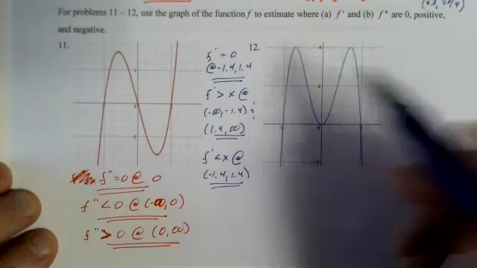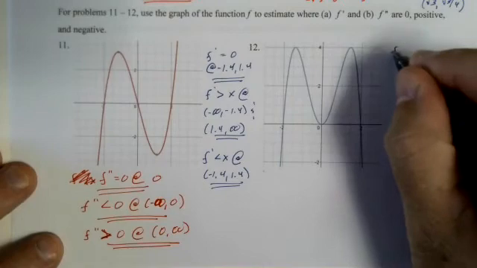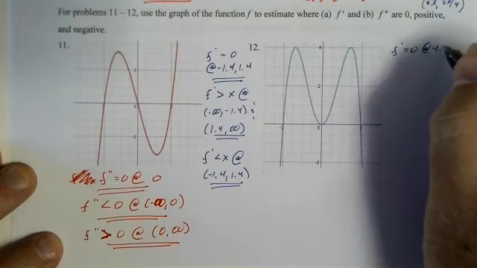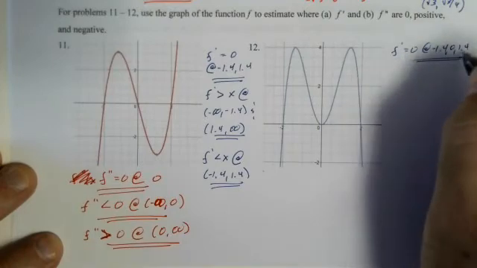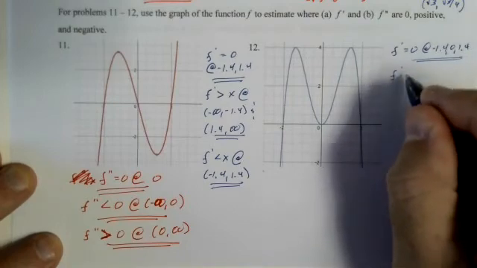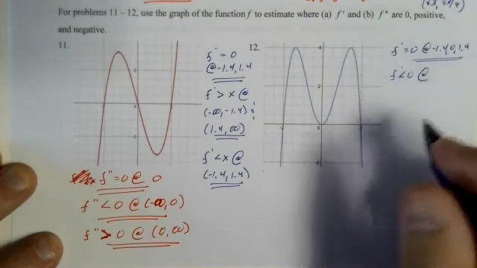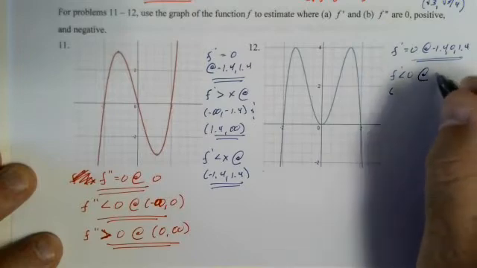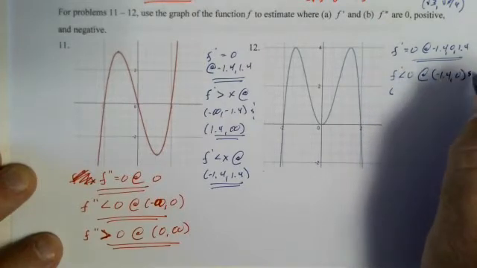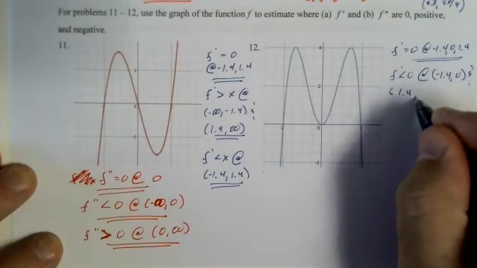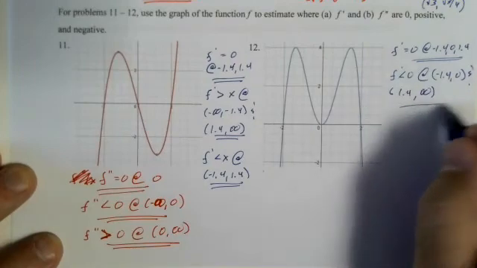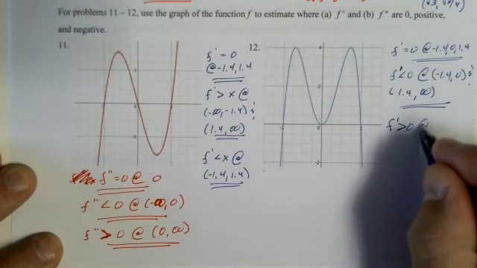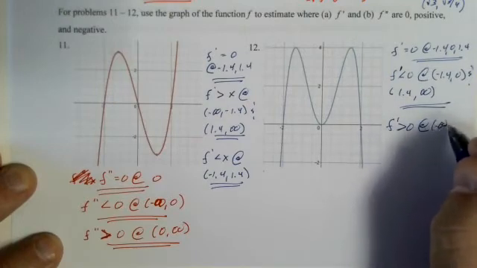Again, this is 2, so call it 1.4 again. f prime is equal to 0 at -1.4, 0, 1.4. f prime is less than 0 on -1.4 to 0, and 1.4 to infinity. f prime is greater than 0 on -infinity to -1.4, and 0 to 1.4.